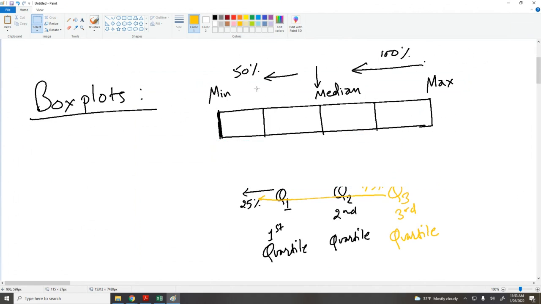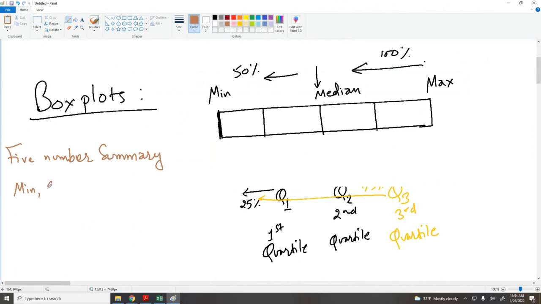Now, these five numbers that I was talking about will be known as the five-number summary of the entire data, which is very crucial and very important. So I'll write down the five-number summary. We will later on learn how to find these quartiles: first quartile, second quartile, and third quartile.